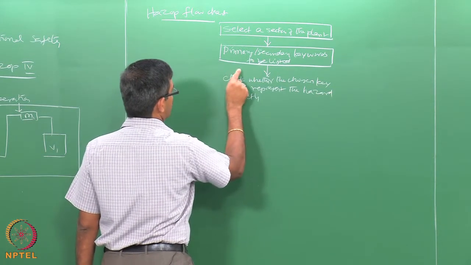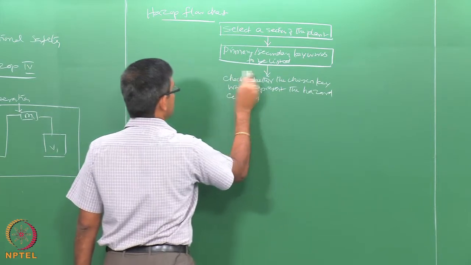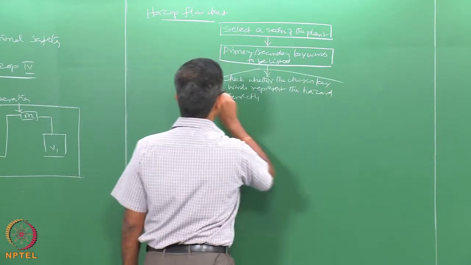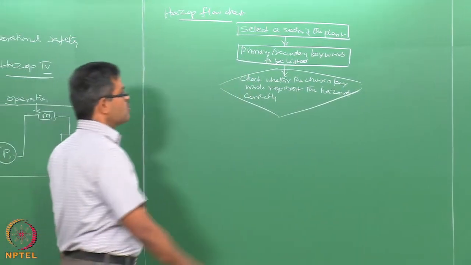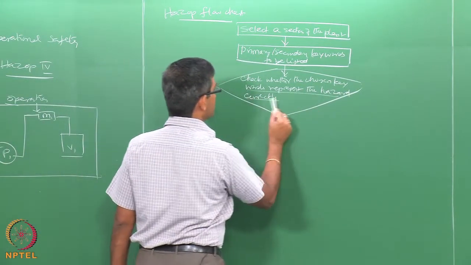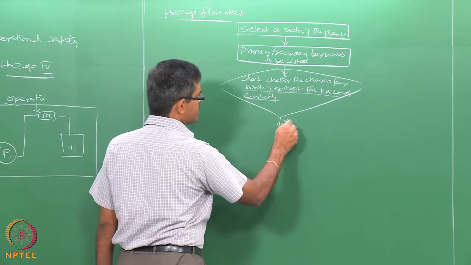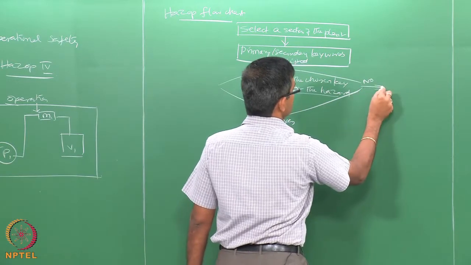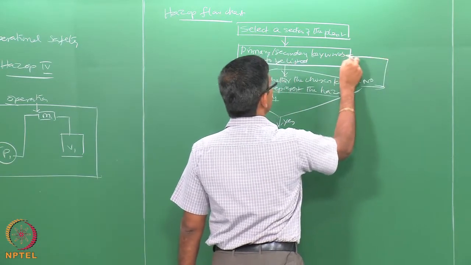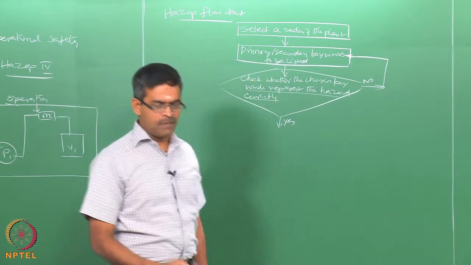There is a decision box. Check whether the chosen keywords represent the hazard scenario correctly. If it is yes, then you proceed. If it is no, then go back to the system and choose the primary keywords again.